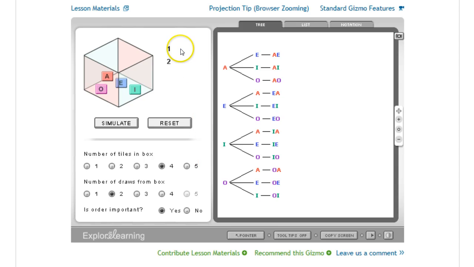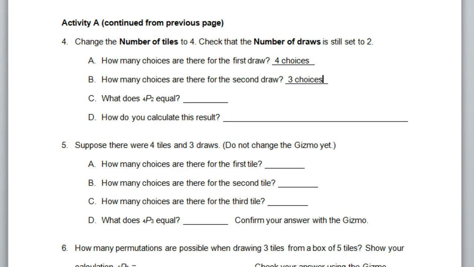So for the first draw, we have 4 possibilities, A, E, I, or O. And then for the second draw, we have only 3 possibilities. So we've got 4 for the first, 3 for the second. And then what does 4 arranged 2 equal? Well, in this case, it's going to be 4 multiplied by 3, which gives us 12.